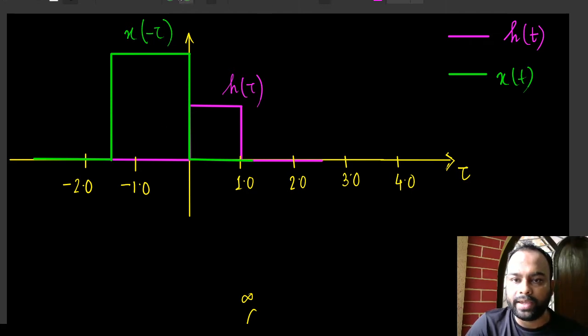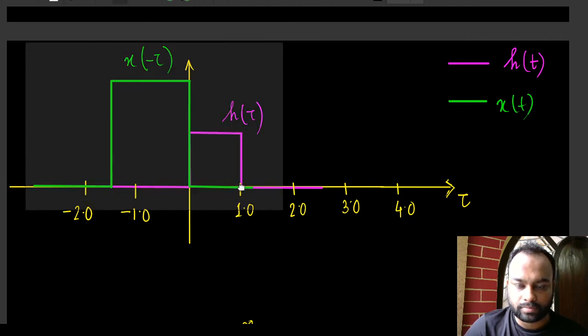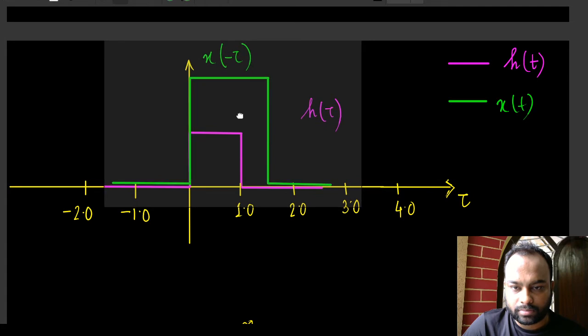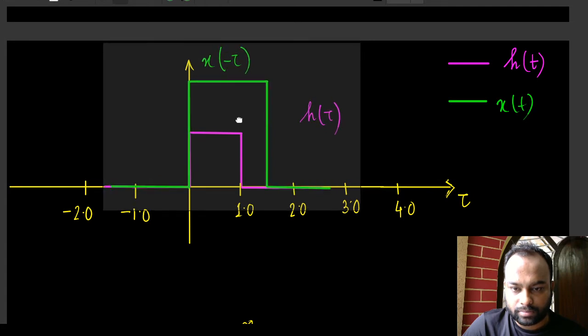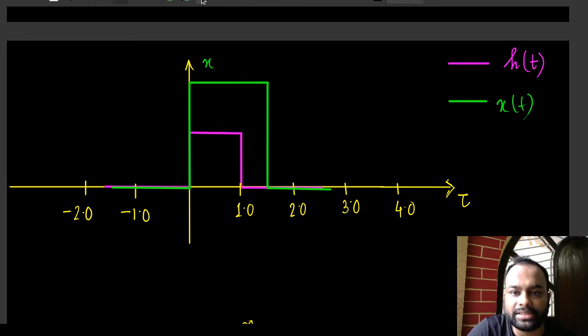X tau here, right? That's our x tau, because that was our xt. So there is no difference between xt and x tau, once more, right?